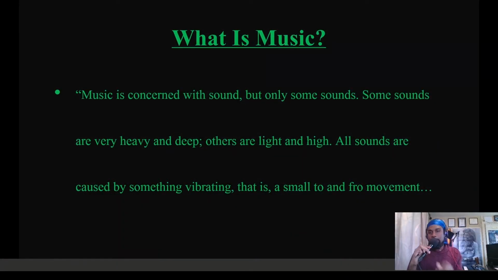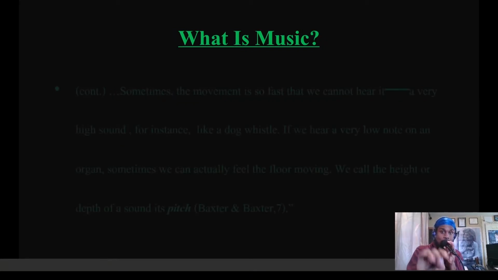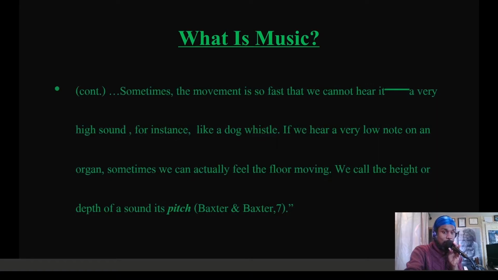Music is concerned with sound, but only some sounds. Some sounds are very heavy and deep, others are light and high. All sounds are caused by something vibrating, that is a small, to and fro movement.